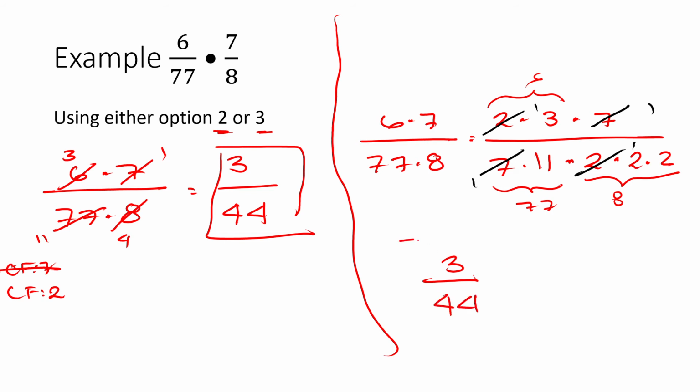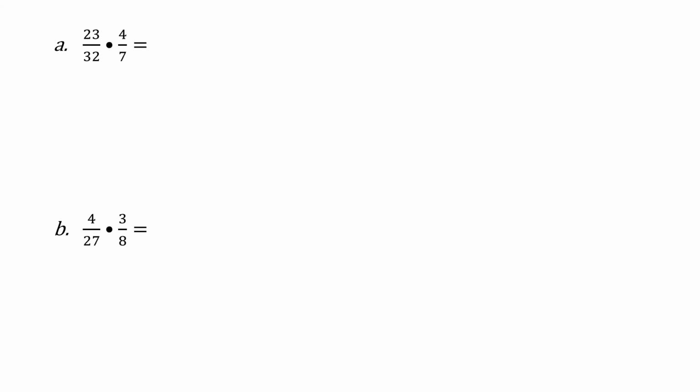So your final answer is 3 over 44. As you can see, same answer. Now I want you guys to try this on your own. I want you to pause the video, use either option 2 or option 3, and then we'll do this together. Okay? Pause the video here.